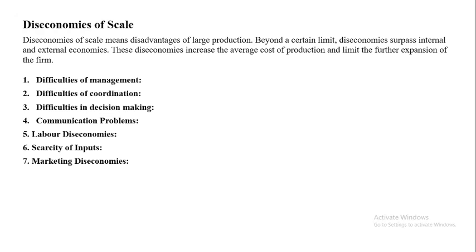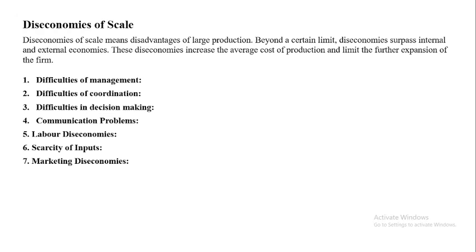That means when production is exceeding a certain limit, some disadvantages or some kind of problems may arise. Because of that, the average cost of production starts increasing. These disadvantages are called diseconomies of scale.